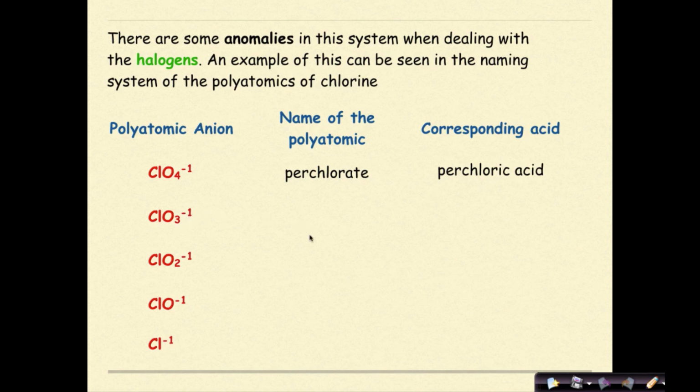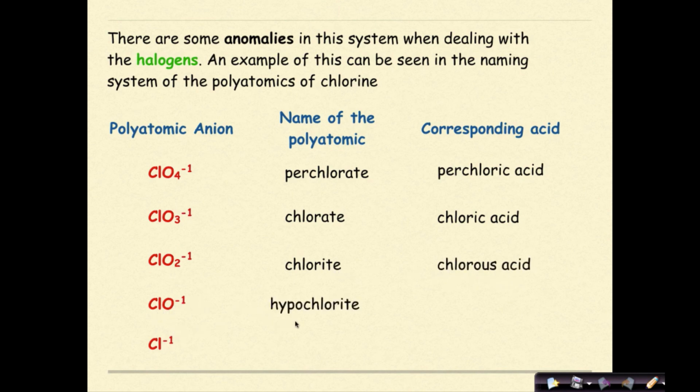ClO3-1, that's chlorate. So here we still have -ate, which means we're going to change our ending to -ic. So that's just chloric acid. The only difference between these two is an extra oxygen up here, which means we have that per-. ClO2-1 is chlorite, so that's going to be chlorous acid.